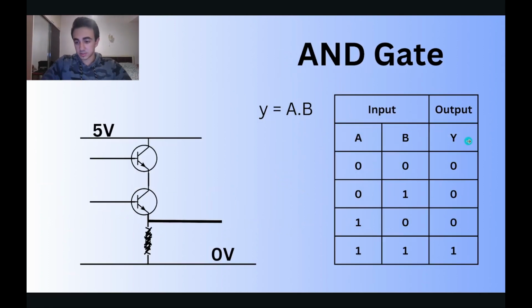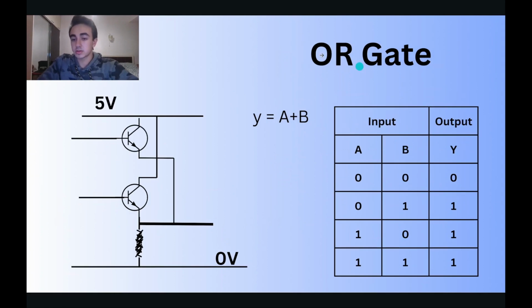So let me show. Wherever you see 1 in the OR gate, the NOR gate would output 0, and when the OR gate would output 0, the NOR gate would output 1.